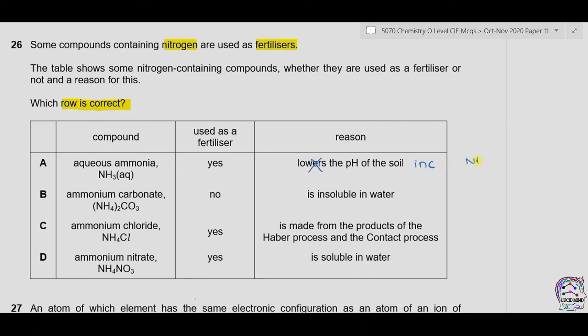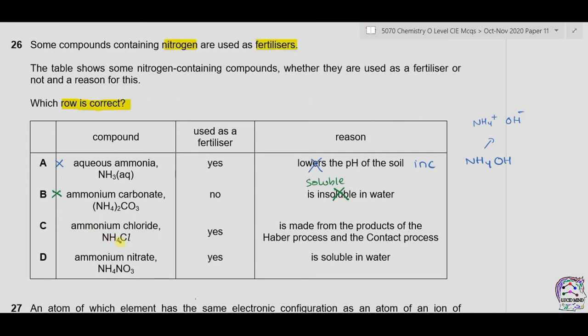Because aqueous ammonia is actually ammonium hydroxide, which forms ammonium ions and hydroxide ions. So A is incorrect. B. Ammonium carbonate. It is not used as a fertilizer and the reason is that it is insoluble in water. As we know that all ammonium salts are soluble, B is also incorrect.